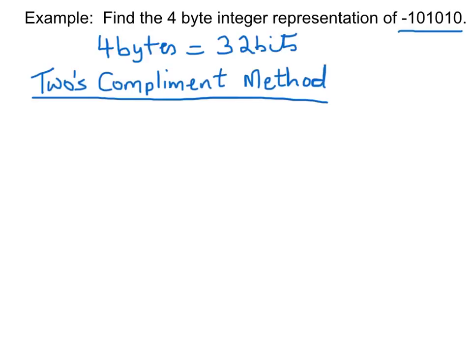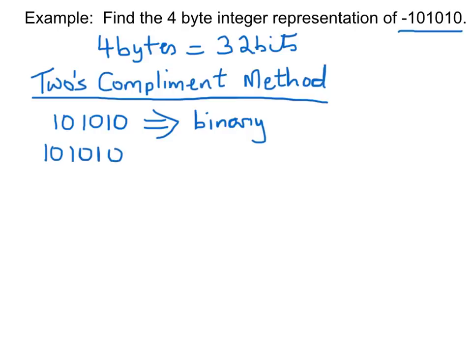So just like before, we take positive 101010, this decimal number, and we convert it into binary. Now, unfortunately, again, this number is too big to convert to binary directly. So what we do is we take 101010 and we convert it to hexadecimal to begin with.